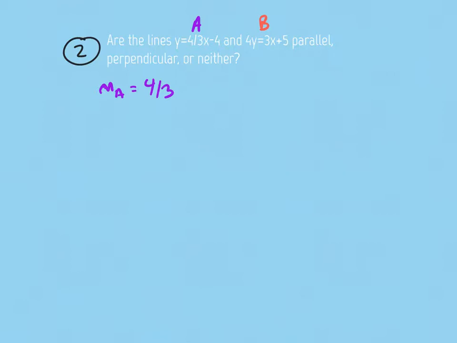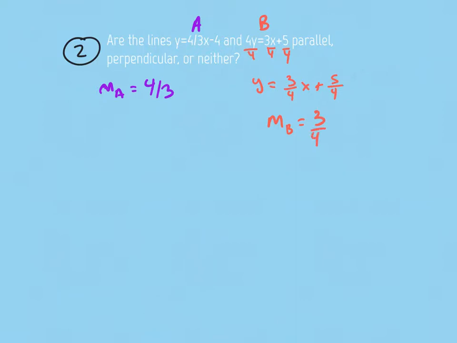For B, I'm going to have to convert, because B is not in slope-intercept form. I have to divide by 4. y equals 3/4 x plus 5/4, so my slope of B is 3/4.